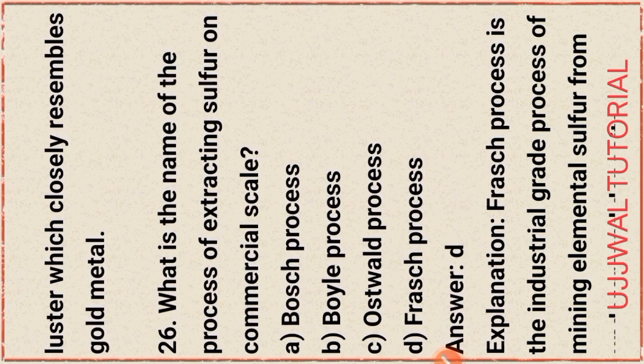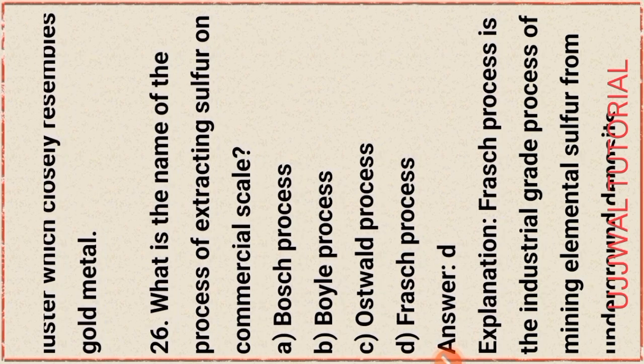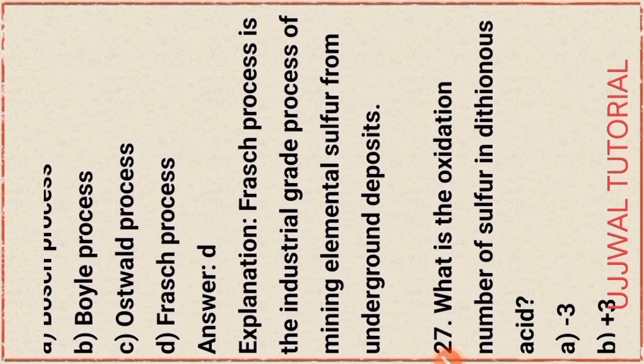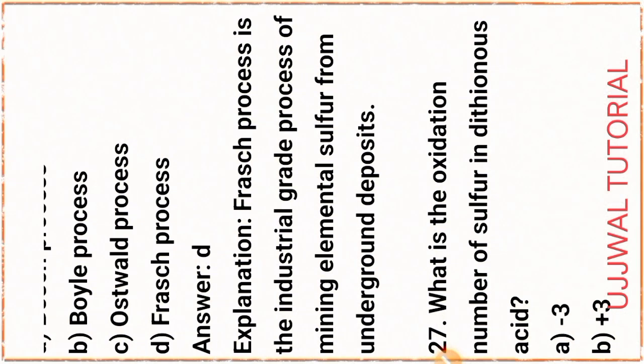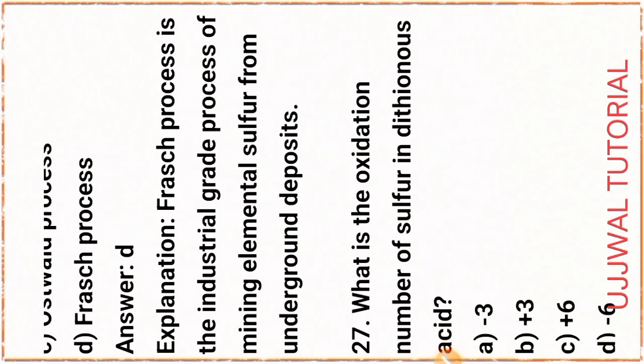Option D, that is the Frasch process. Let me explain this part: the Frasch process is the industrial-grade process of mining elemental sulfur from underground deposits.